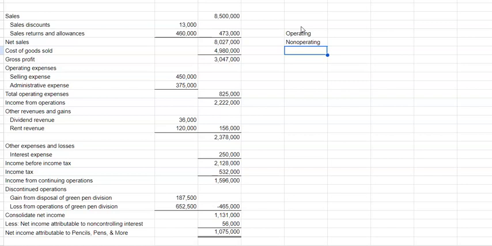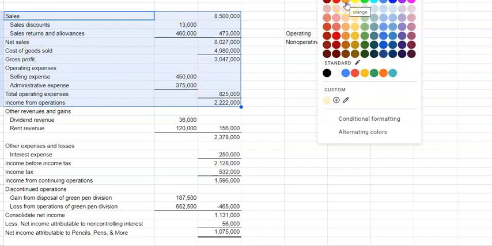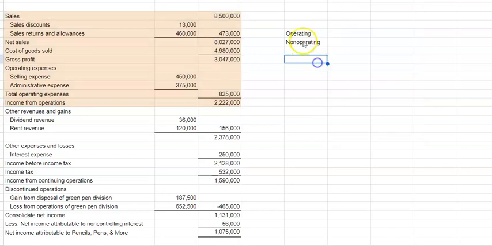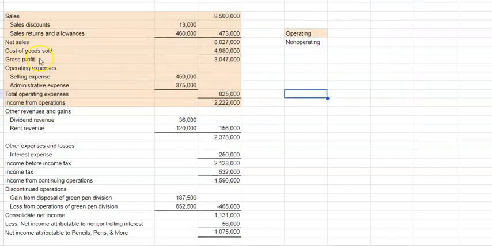If we take a look at this statement, from our sales all the way down to our income from operations, that is our operating section. Let's give it a color. Orange. All right, so our operating section.